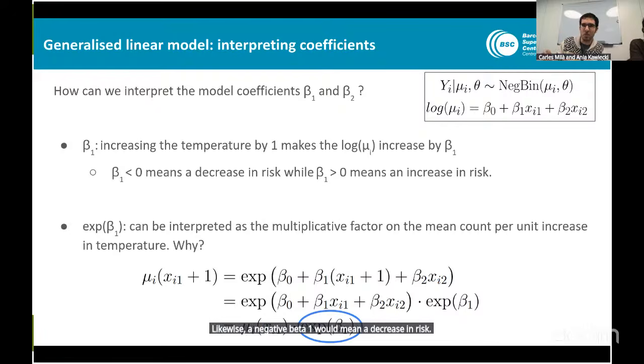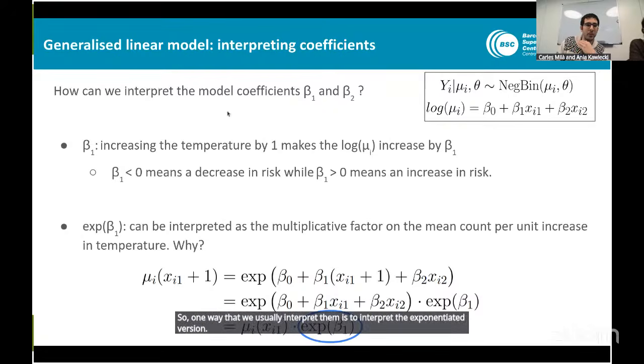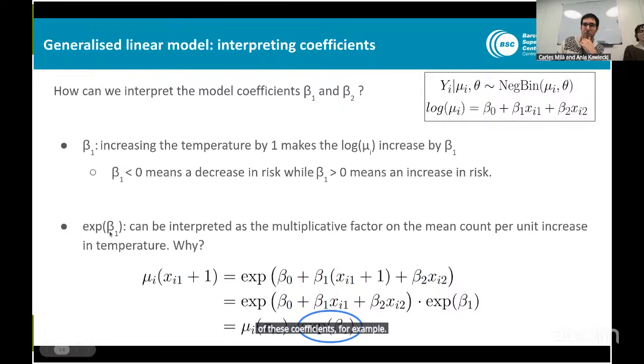But interpreting the size of these coefficients is tricky because they are expressed in terms of the natural log of the mean. So one way that we usually interpret them is to interpret the exponentiated version of these coefficients, for example, the exponential of beta 1. These exponentials can be interpreted as multiplicative effects.